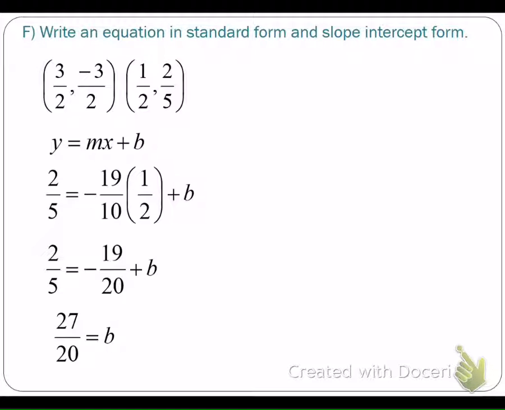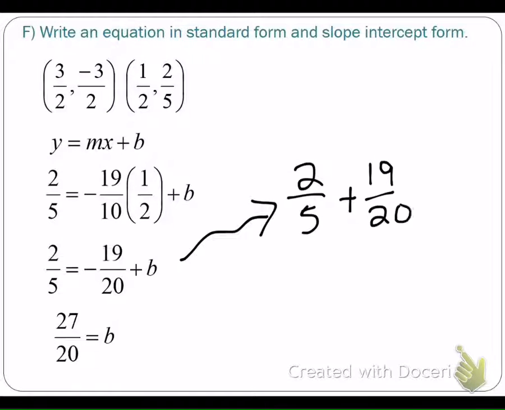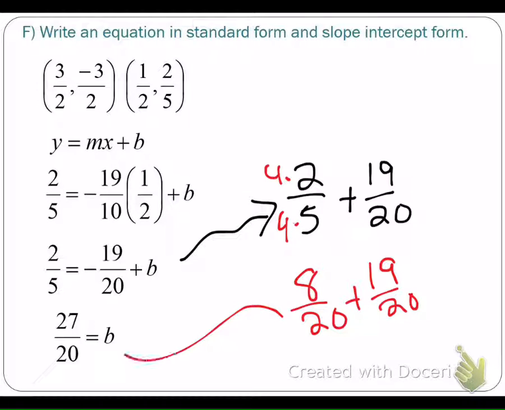I'm going to show you the work over here. So I have 2 over 5 plus 19 over 20. I need common denominators. 20 will work. So that actually gives me 8 over 20 plus 19 over 20, which is where we got this guy.